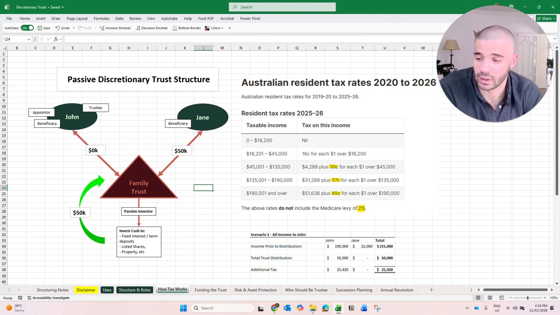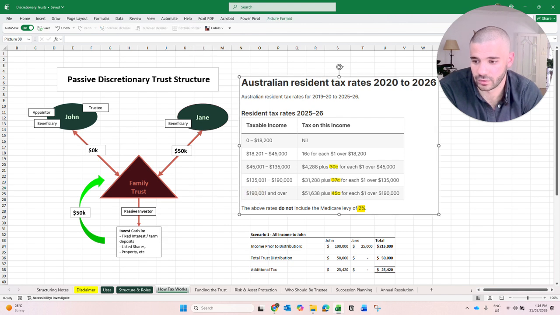But that's one example. Another example might be where, let's just say John and Jane are actually running a business here, and we've sort of capped out both of their income brackets, and they're both at 150 or 190. They're both high income earners, and so everything else that goes to them is being taxed at 47%.